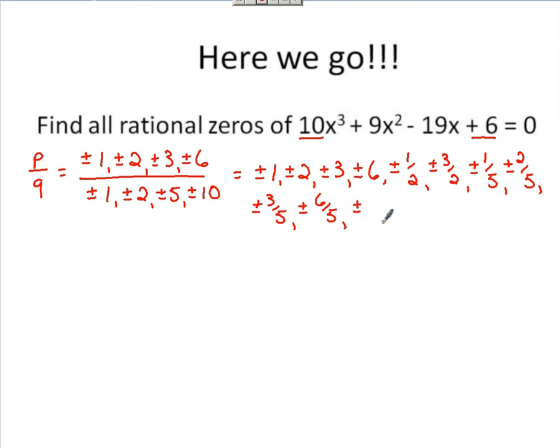We'll have plus or minus 1/10, plus or minus 2/10, which is 1/5, and we've already listed that, plus or minus 3/10 rather, and then we'll have plus or minus 6/10, which we already have up here because that's listed as 3/5 if we reduce. So we have all of our possible rational zeros now listed.